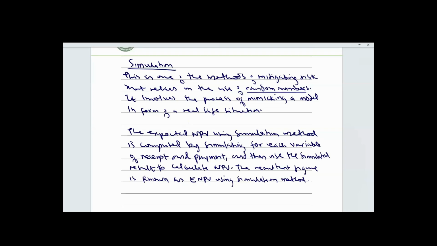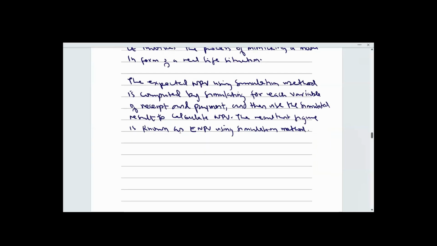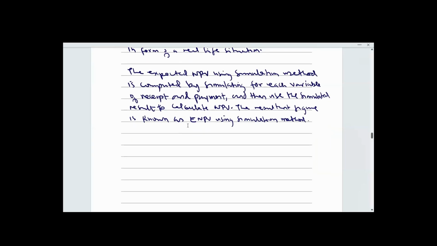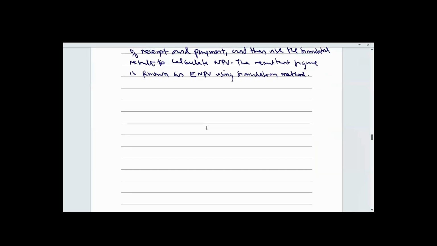Once you see random numbers in the question, it means the examiner wants you to use the simulation method to calculate expected NPV. To do this, there are two steps. First, you simulate for each variable of cash inflow and cash outflow, that is, you simulate for receipts and payments separately. Then you use your simulated results to compute NPV.